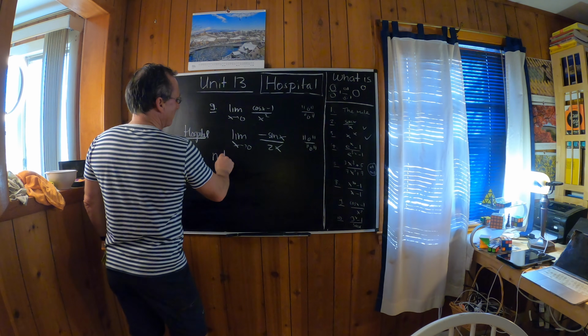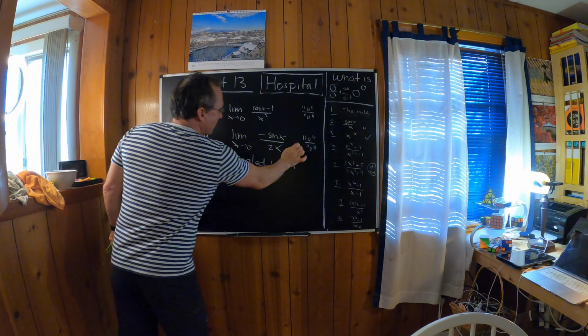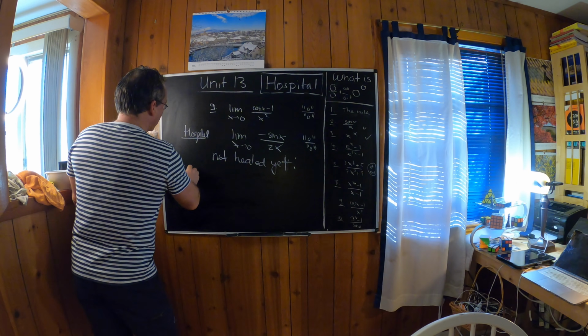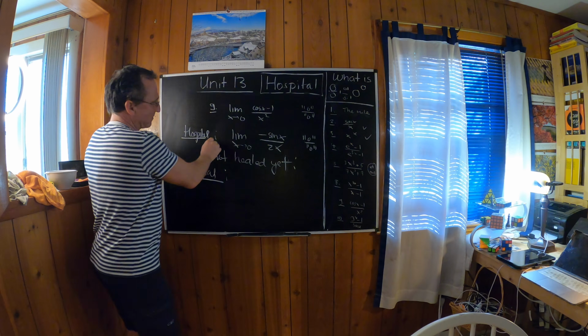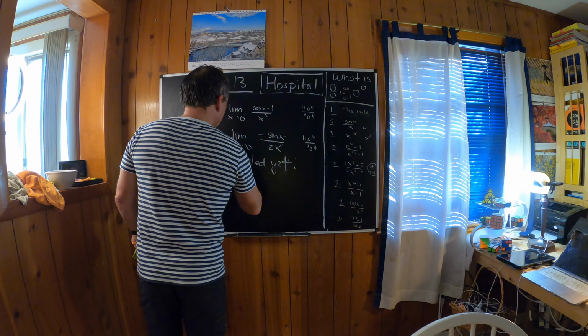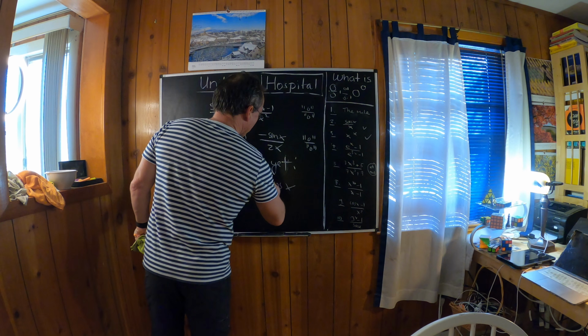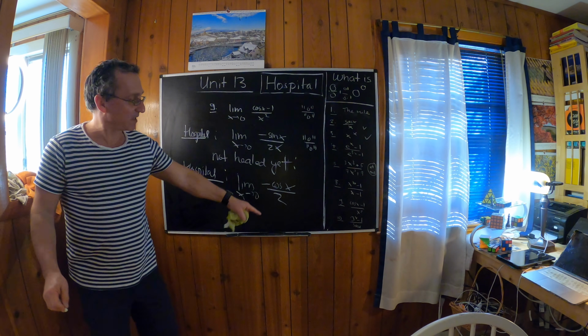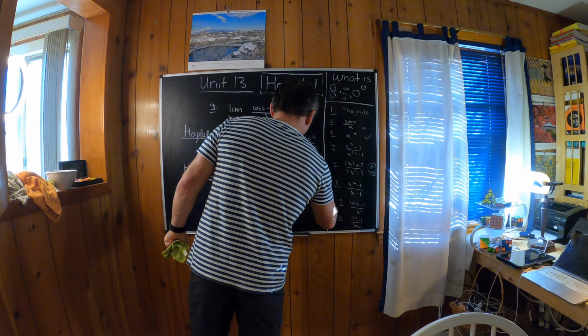Not healed yet. So bring it to the hospital again. And so this is the limit as x goes to 0 of minus cosine x over 2. No problem now, because now we can take the limit, so this is equal to minus 1.